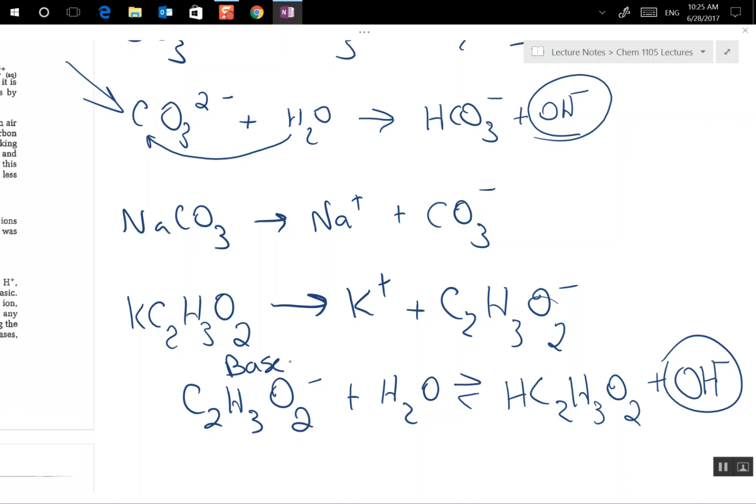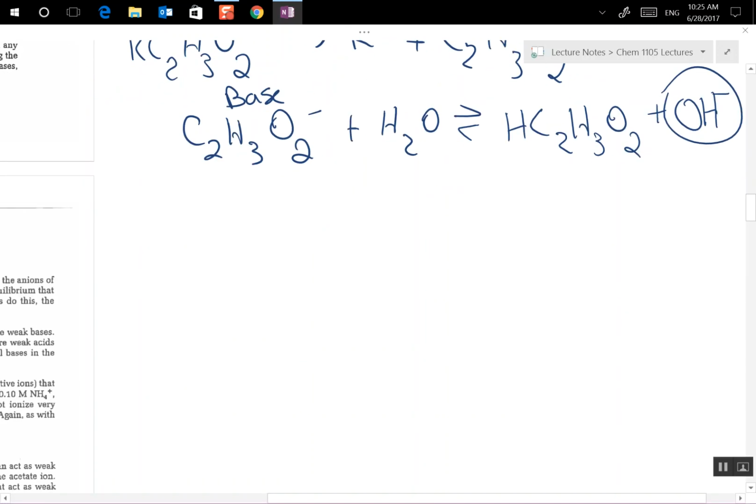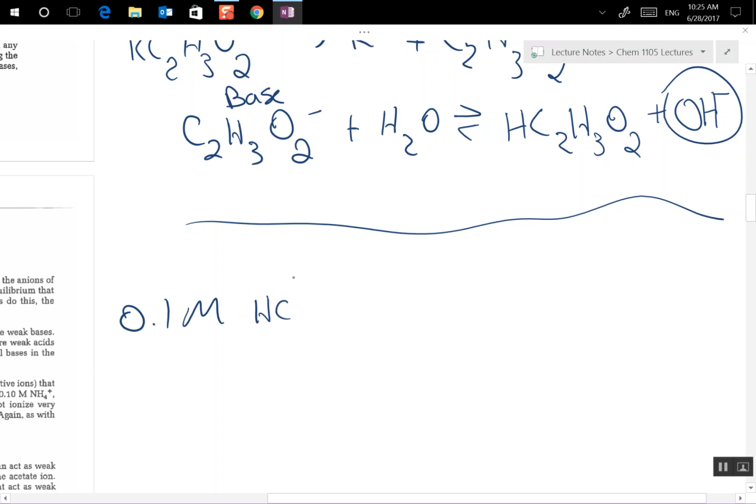Okay. Now, we've been talking about conjugate acids, conjugate bases. Now, if I made a solution that had a conjugate acid, 0.1 molar HF, hydrofluoric acid, I'll just do an easy one, and plus 0.1 molar F minus, that would mean that I had a solution with both the acid and its conjugate base present.